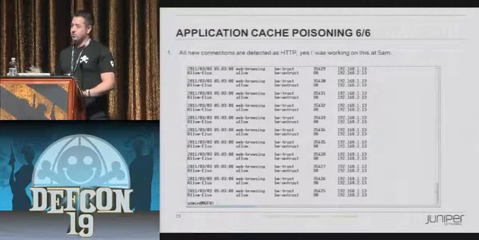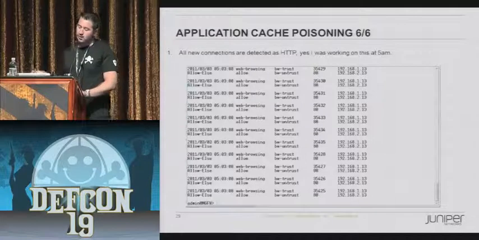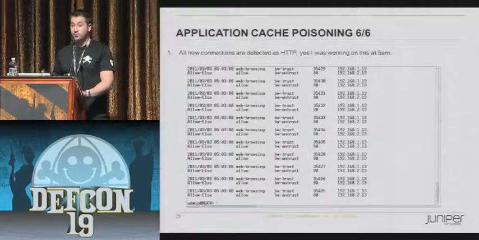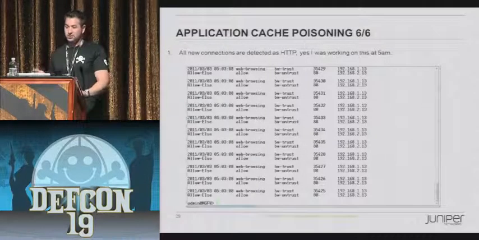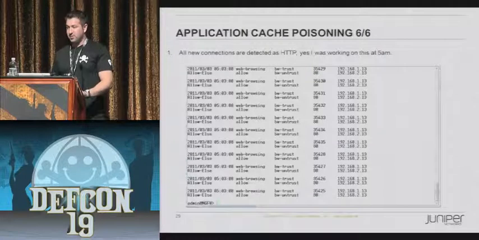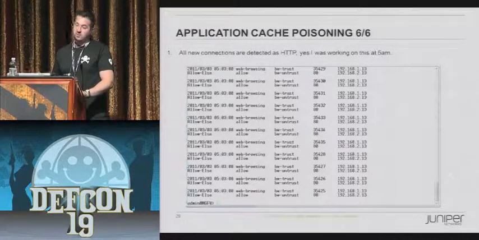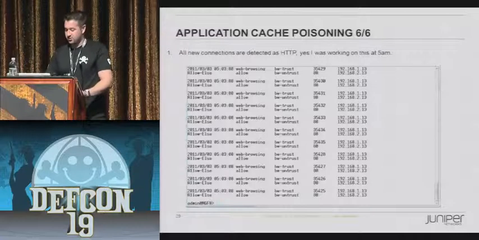Now obviously there are security implications for that, but the other thing to think about is that a lot of folks are using this for logging and reporting and trying to understand volumes of traffic and metrics. So even if nothing malicious was going on here, you might get reports that are completely inaccurate because it's not matching the real application. So sometimes it can be more than just a security thing as well.